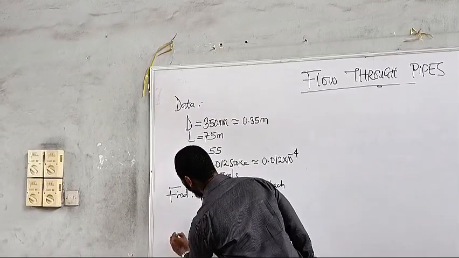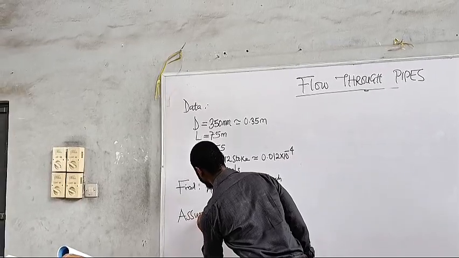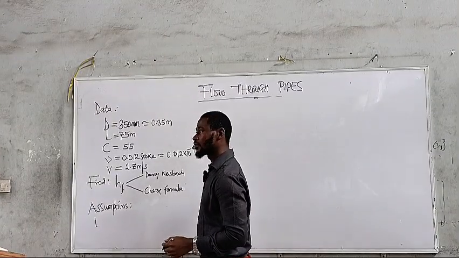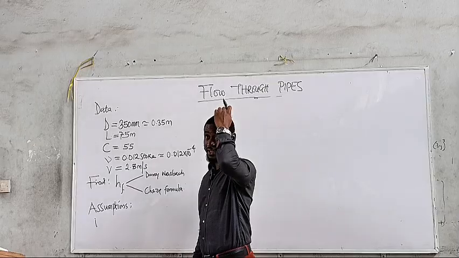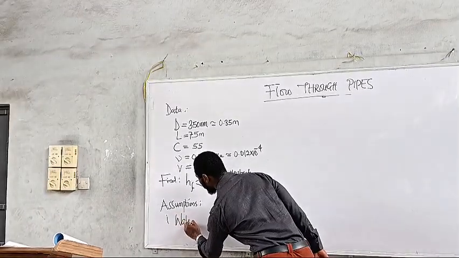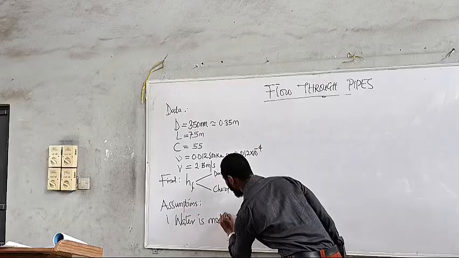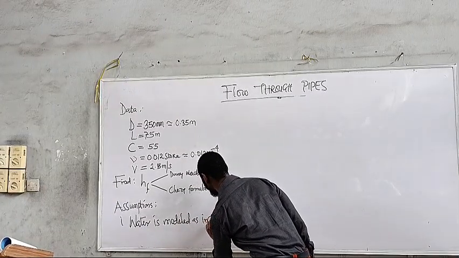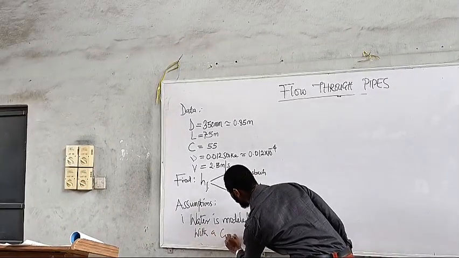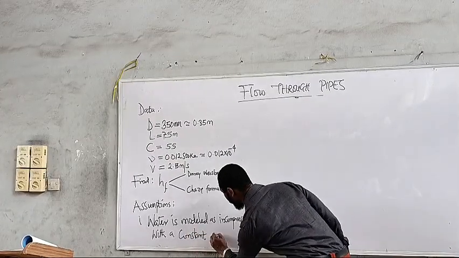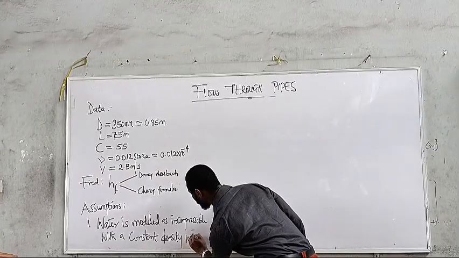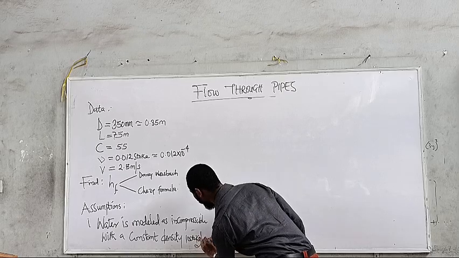The next thing is assumptions. Assumption 1: water is modeled as an incompressible fluid with a constant density of 1000 kilogram per meter cube.